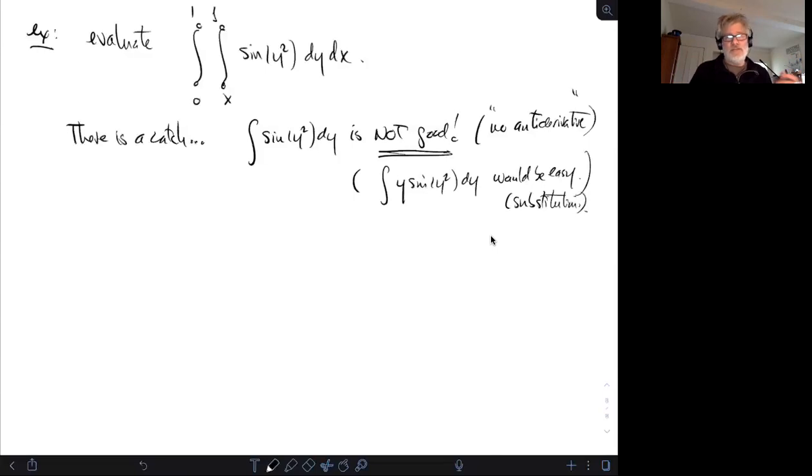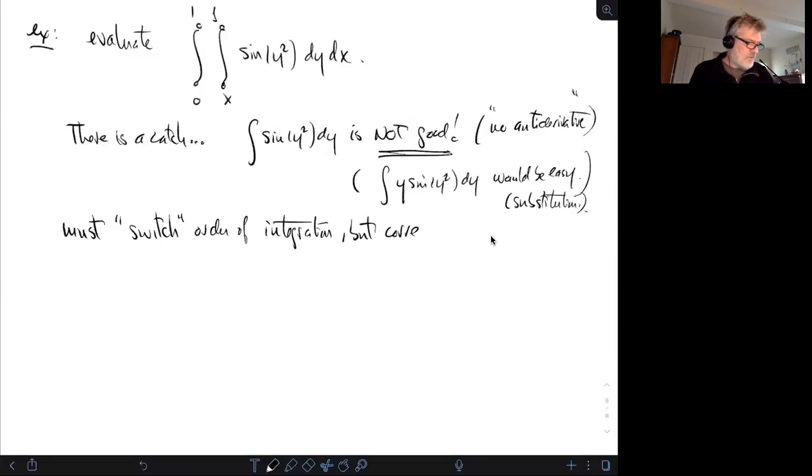But I also said you just can't put those non-constant bounds outside. You can't do that. So how do you switch? Okay, so we must switch the order of integration, but you have to do it correctly.